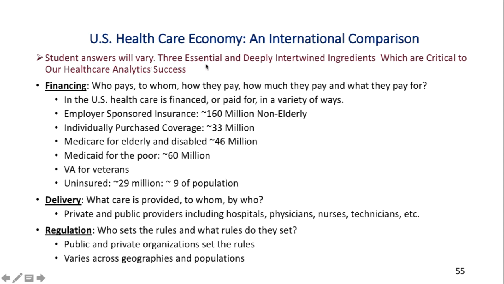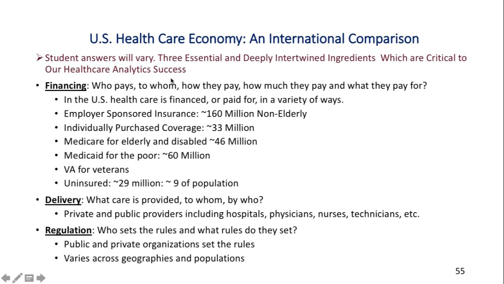In terms of the three essential and deeply intertwined ingredients, which are critical to our healthcare system: financing, delivery, and regulation, who pays whom and how they pay, how much they pay, and what they pay for. In the United States, we know that healthcare is financed or paid for in a variety of ways.